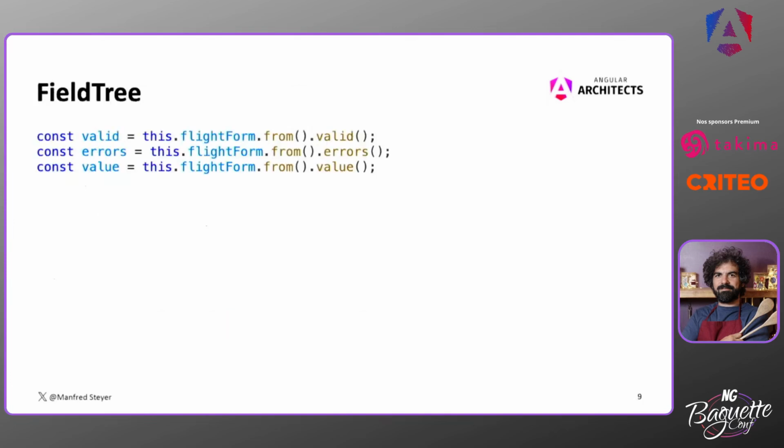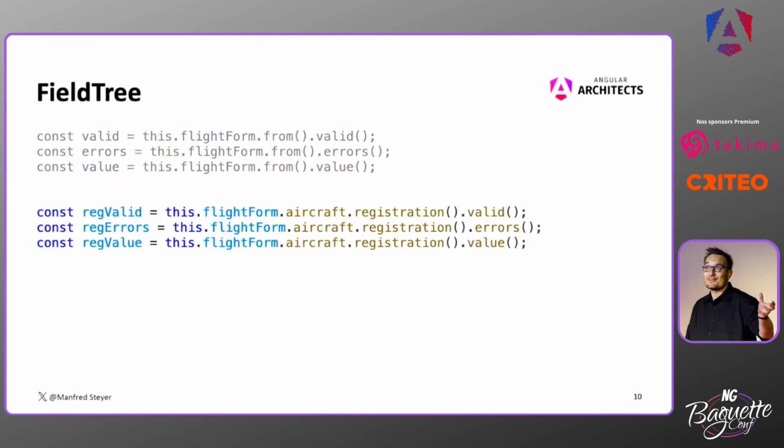I have my from field, my airport of departure, and it has some nested signals like valid, errors, and value. And I can go even further down the rabbit hole to the aircraft, its registration number, and also there I can find out whether it's valid, about its value, and whether there are specific errors.